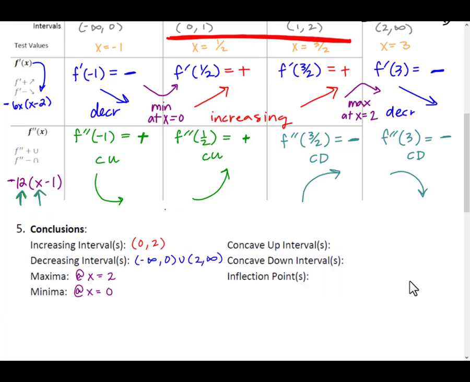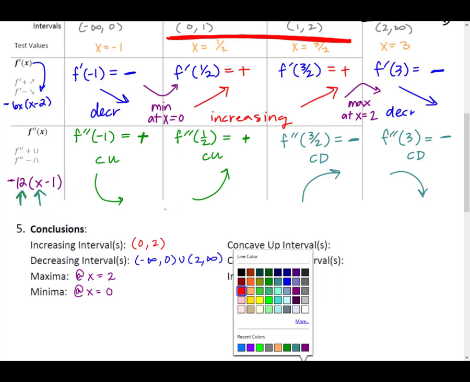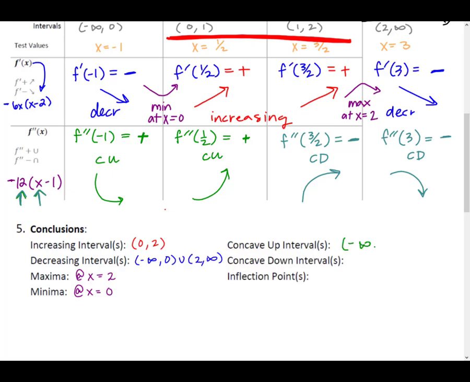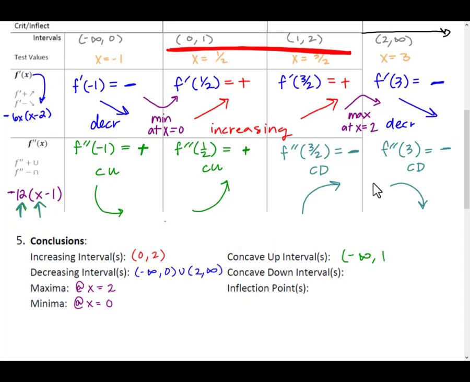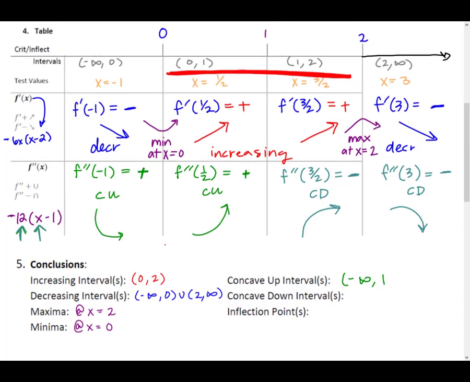All right, so where's the graph concave up? We are concave up from negative infinity to positive 1. All in this region were we concave up, negative infinity to positive 1.